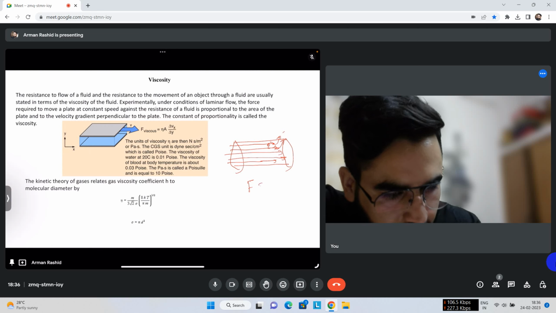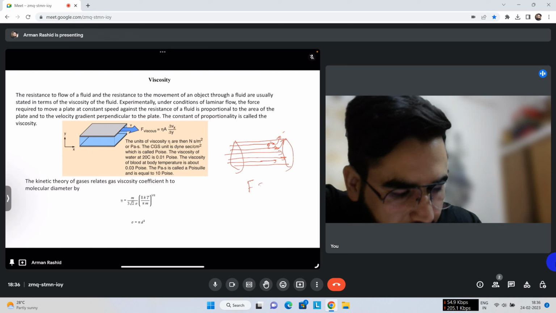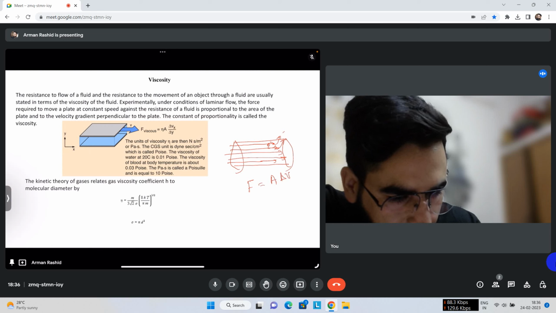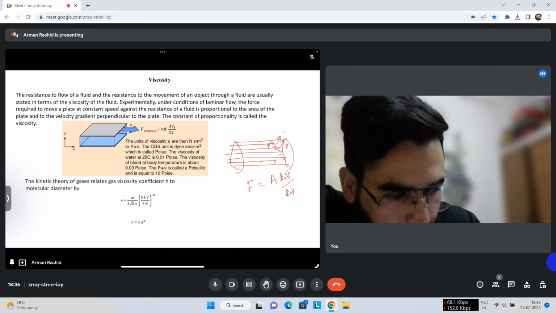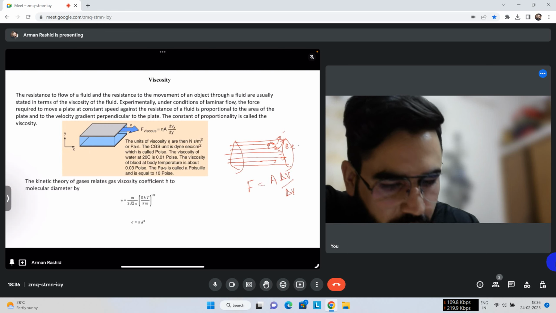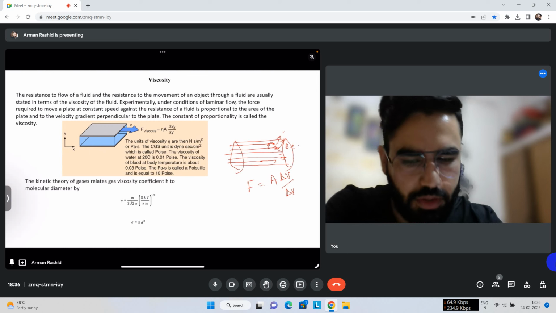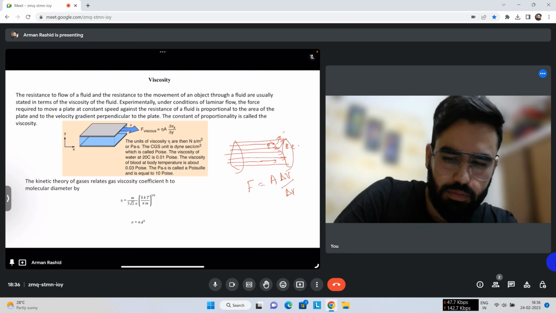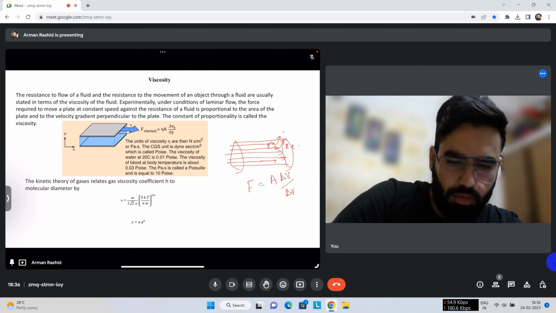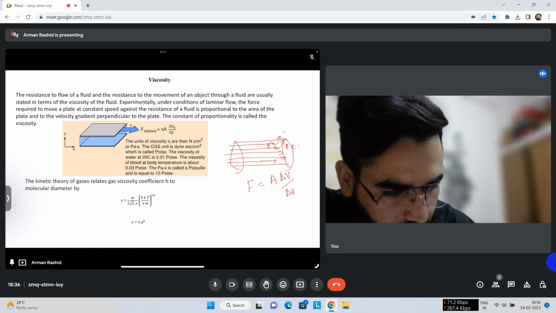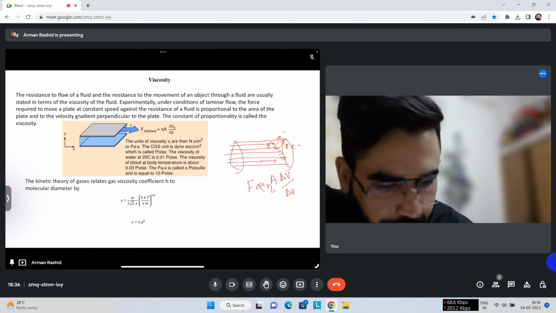That viscous force will be directly proportional to the area of contact, and directly proportional to the velocity between them and how much they are separated from one another. This force is called the viscous force. So the constant of proportionality will determine viscosity.